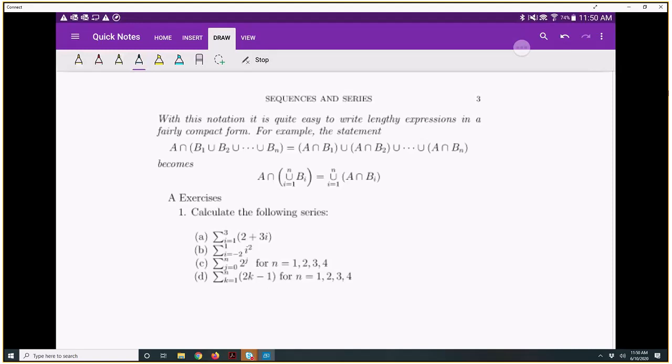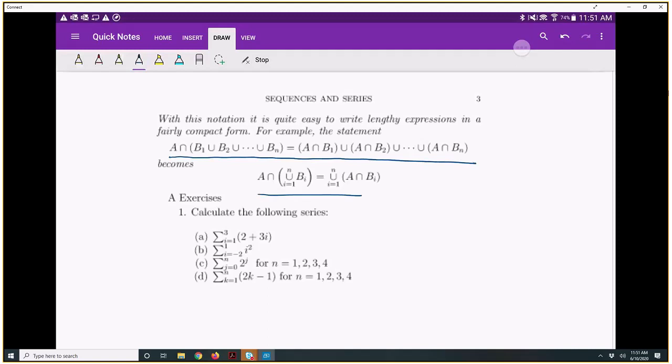So for example, this entire statement here, which says that A intersected with the union of B1, B2, all the way up to Bn, that's the same thing as first taking A intersected with B1, and then union, A intersected with B2, union, A intersected with B3, and all the way up to A intersected with Bn.